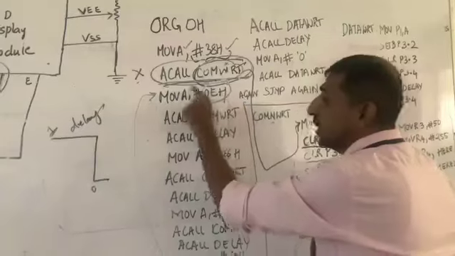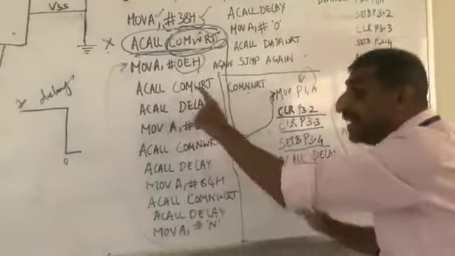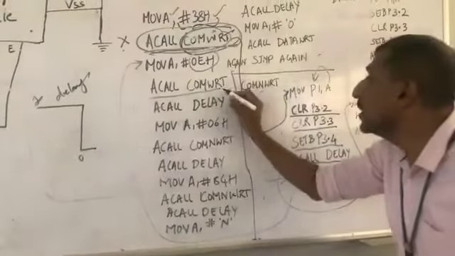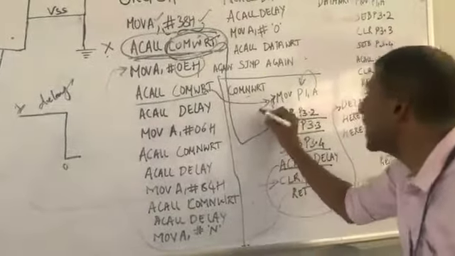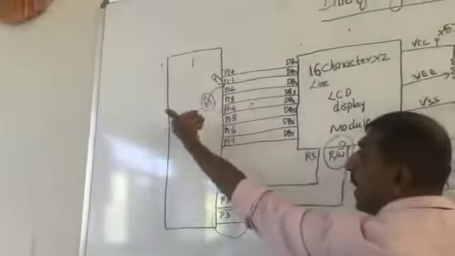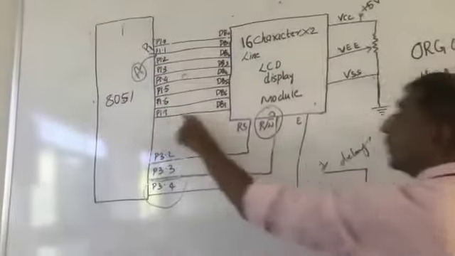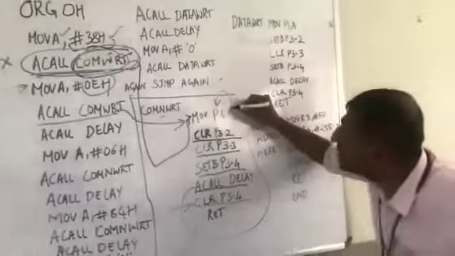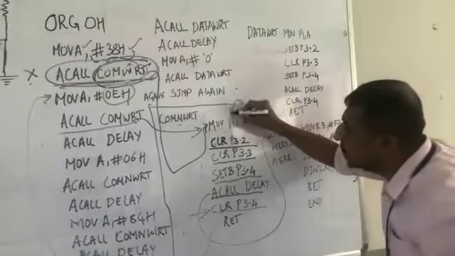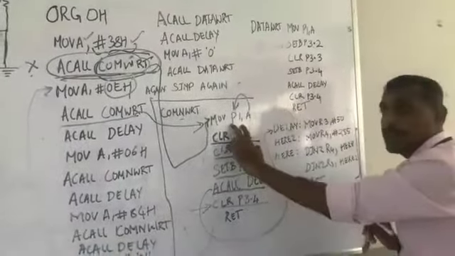You take this into the accumulator and again call the same command subroutine, so that it again jumps to the same command subroutine. And here we know that whatever data we are sending is a command, therefore it needs to be sent from port 1 only. Therefore, whatever is there in the accumulator, that is 0EH is there in the accumulator, you send it into port 1, right?